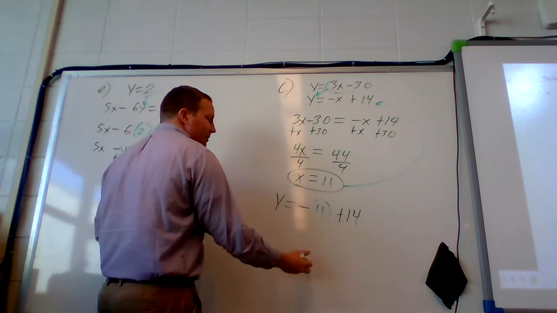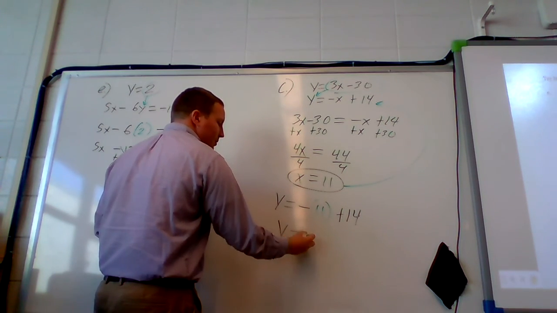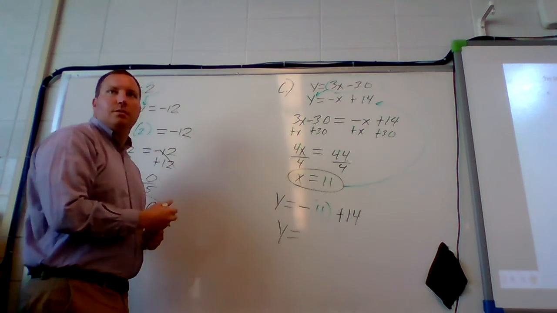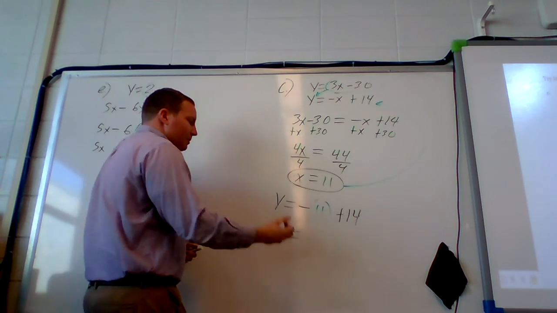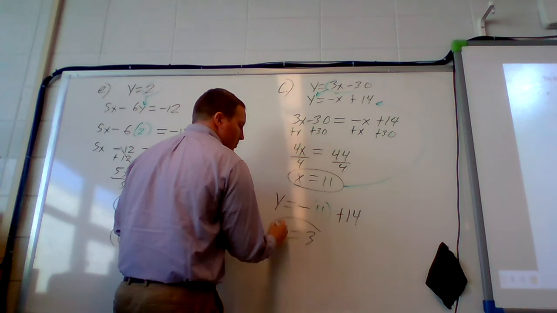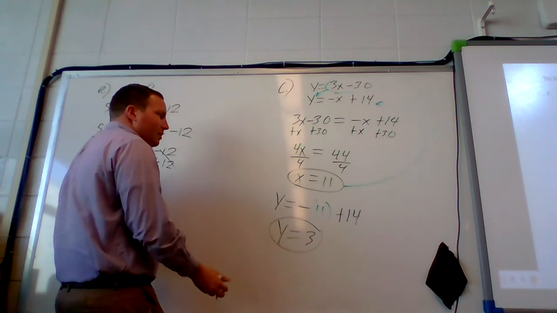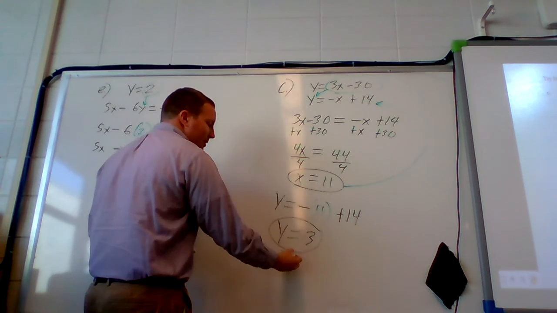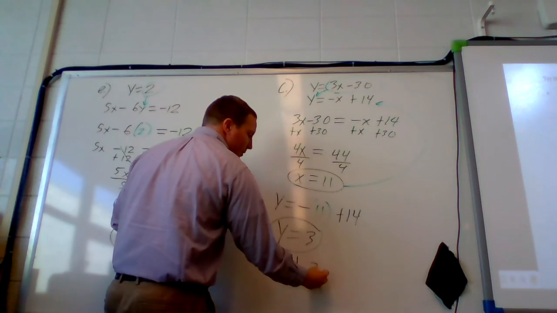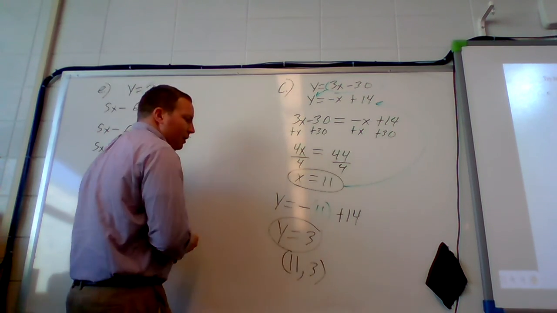So what does negative 11 plus 14 get us? 3. There's the second half of our point. So the solution to this system of equations is 11, 3.